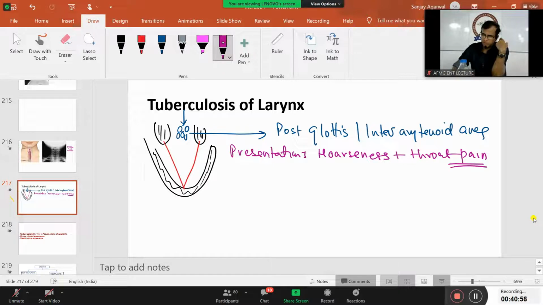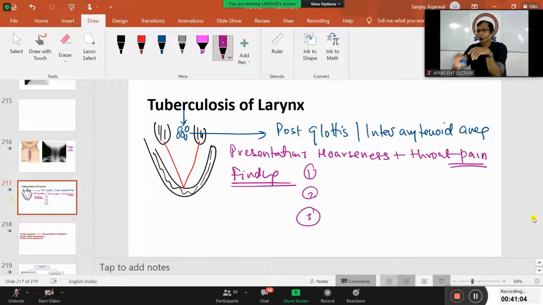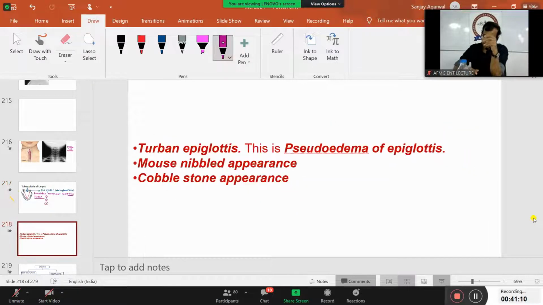Now this is what they ask. There are 3 findings, which I'll tell you. And this is the most important thing in tuberculosis.